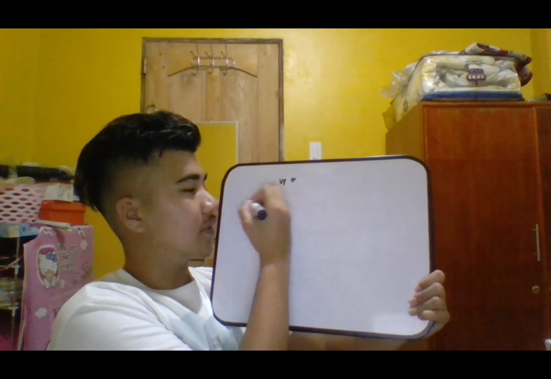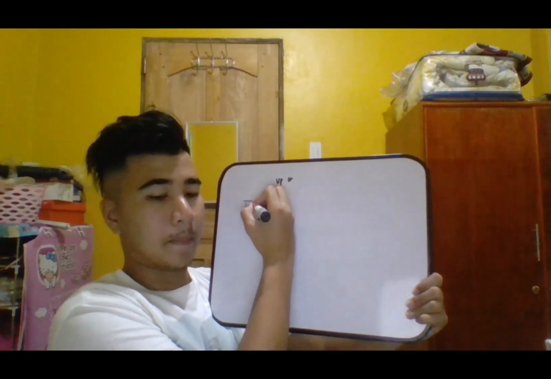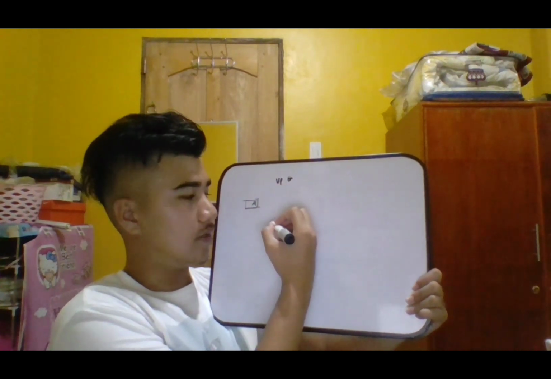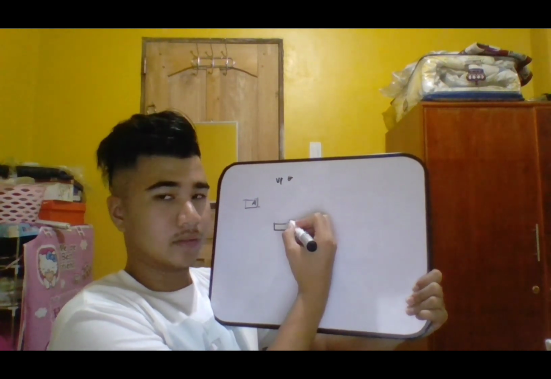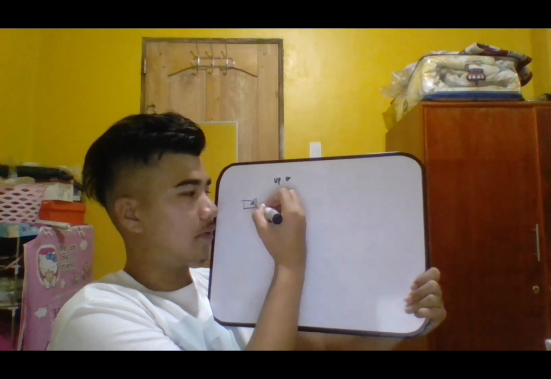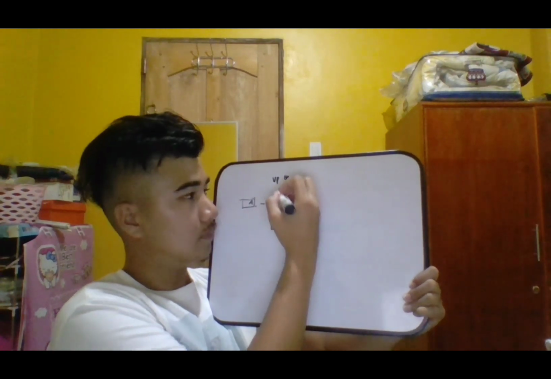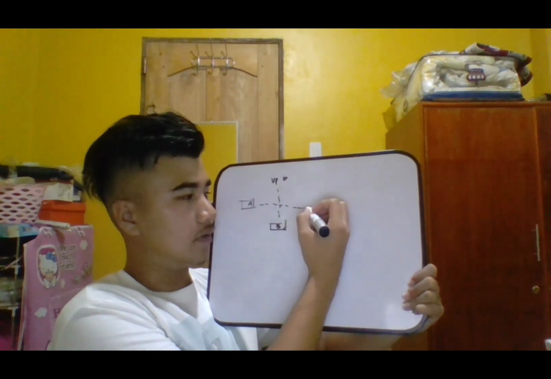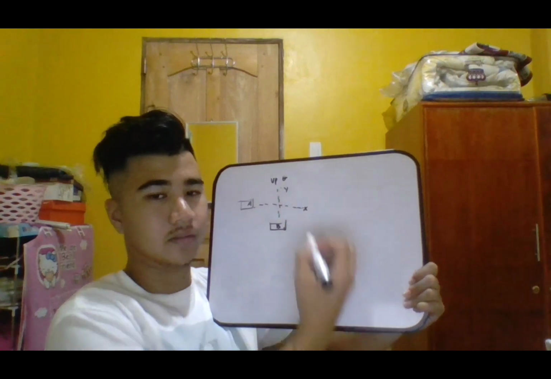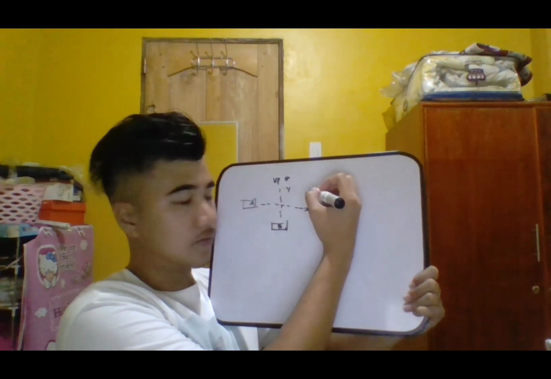So, draw natin yung dalawang vehicle. Say, this is vehicle A, top view, and this is the vehicle B. Papunta sa north, this is our coordinate system. X and Y axis. This is the positive sides.